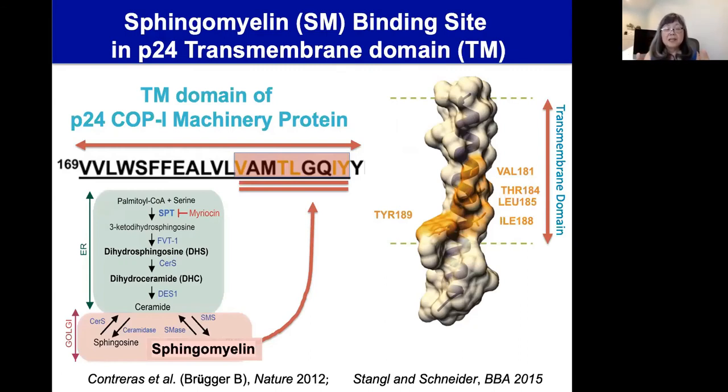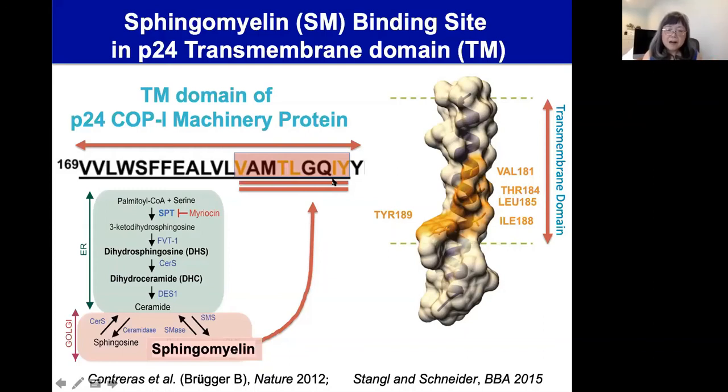Within its transmembrane domain, the authors found a 9 amino acid motif that specifically binds sphingomyelin. They also performed a variety of mutagenesis and found that some of those residues are critical.